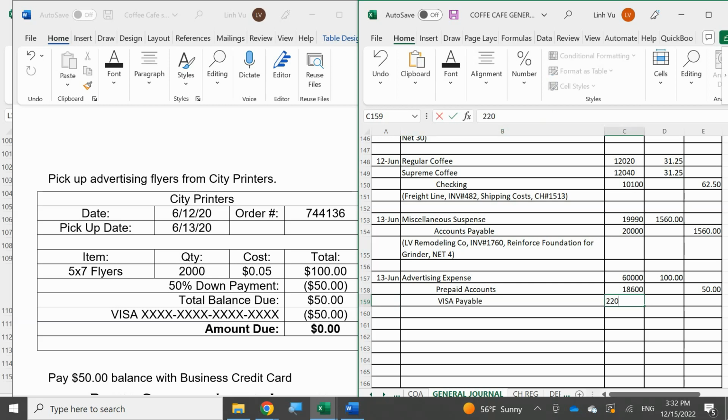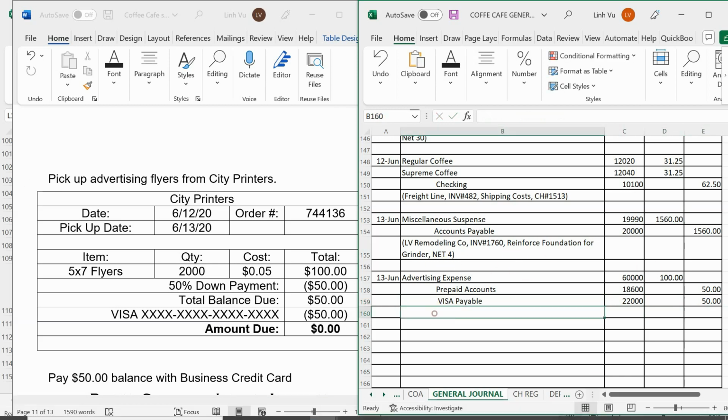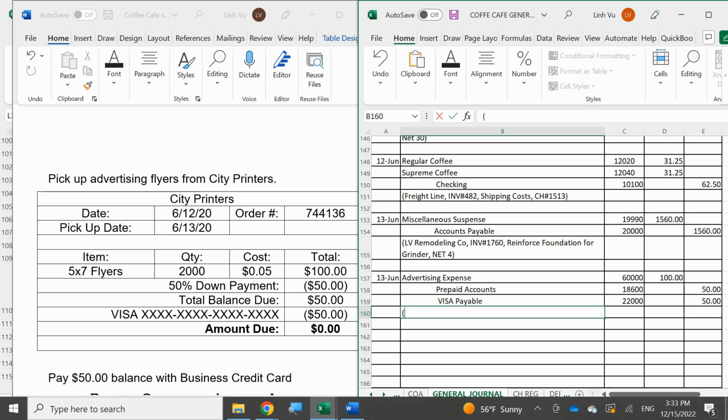And then our notes on that would be City Printers. If you want to put, we prepaid 50%, equaling $50. And now we're paying the remainder of order number 744136 with our business credit card.